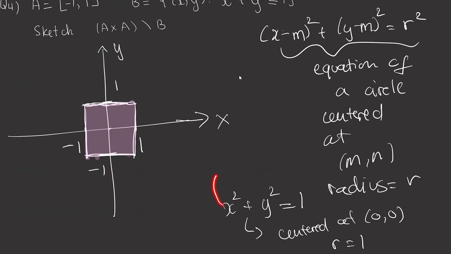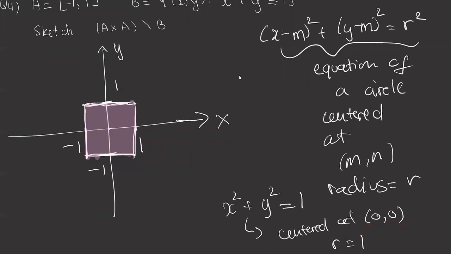And this one is actually (x minus 0) squared, this one is (y minus 0) squared. So 0, 0 is the center. And this one, the square root is the radius. But the square root of 1 is just 1. That's why the radius here is 1 and the center here is 0, 0.